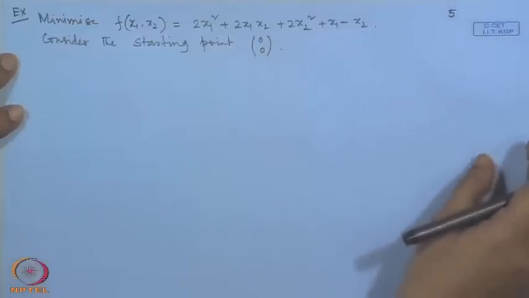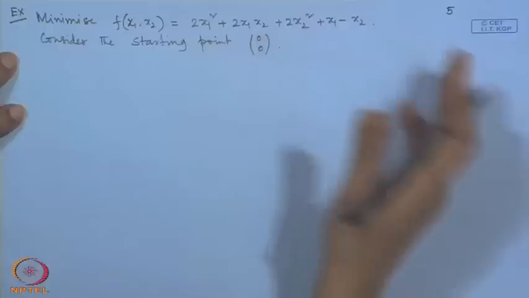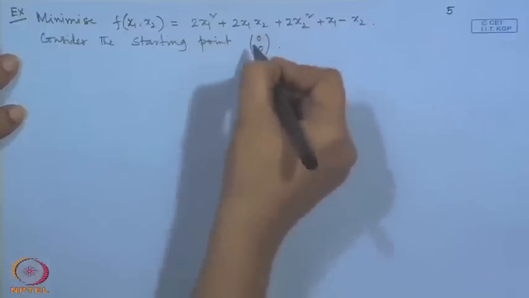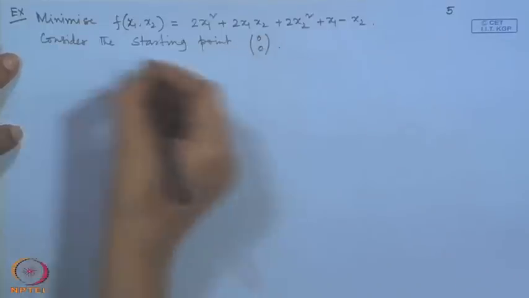We do not know where the optimal lies, that is why let me start with the most conventional point, that is the (0, 0) point.